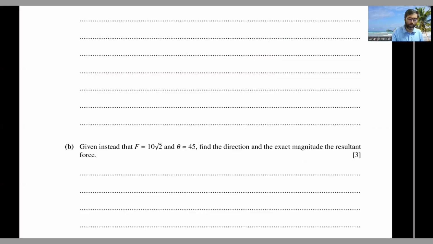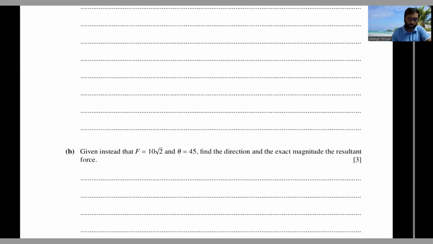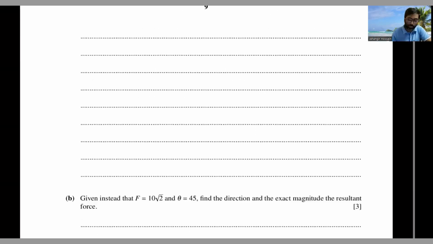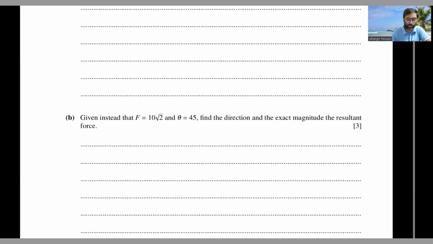The next part says that F is 10 root 2 and theta is 45. Find the direction and the exact magnitude of the resultant force. Since this is not in equilibrium, because the value of F has changed and the value of theta is different, why don't you find the resultant as the sum of all the components?